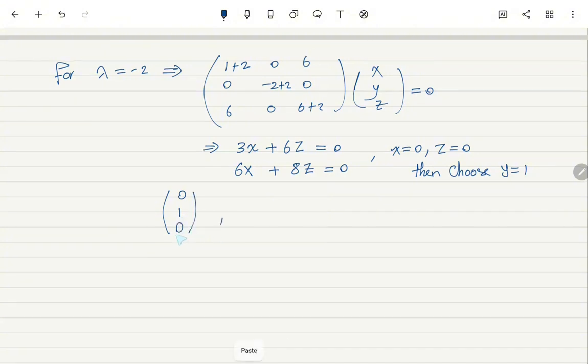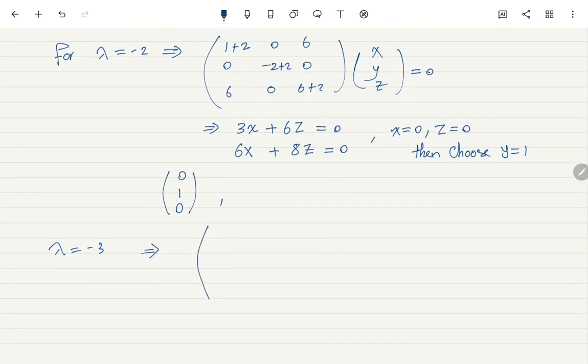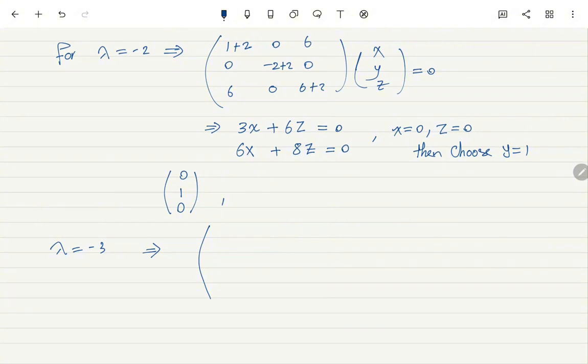Following the same procedure for lambda equal to minus 3, you will get 1 plus 3, 0, 6; 0, minus 2 plus 3, 0; 6, 0, 6 plus 3, times x, y, z, equal to 0.